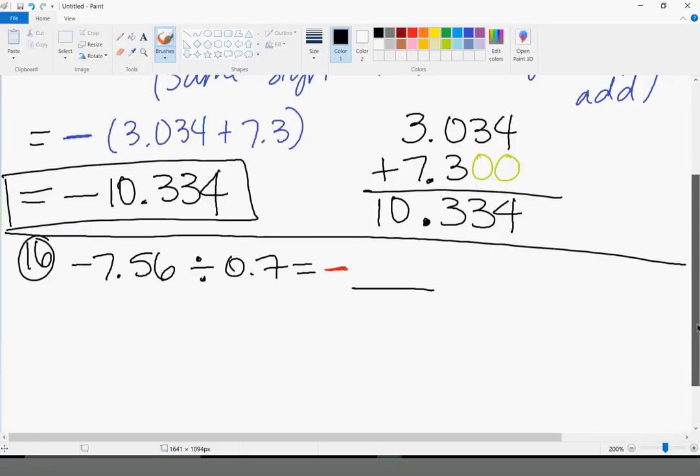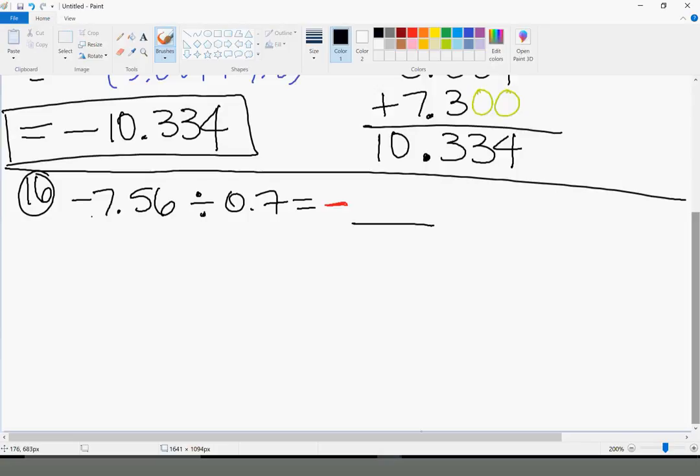So now we're going to set this up using long division. So we're going to ignore the signs because we've already taken care of that with my red negative in my answer. So 7.56 divided by 0.7. So when you're dividing decimals, this is your divisor, the number outside of the division box.